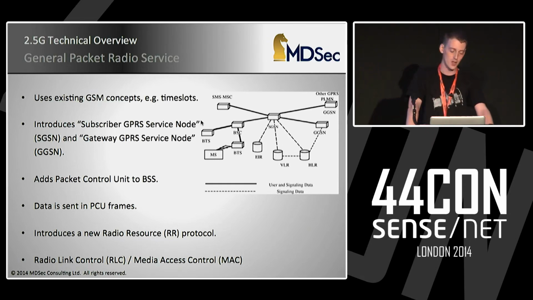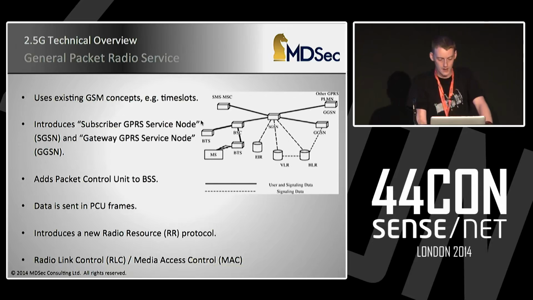It adds a packet control unit to the base station subsystem, and then basically data is sent in these PCU frames, and it introduces new radio resource protocol management, which is separate to what's being used by GSM. And on top of that, it builds the radio link control and media access control for allowing packet data to be sent within the GSM time slots.